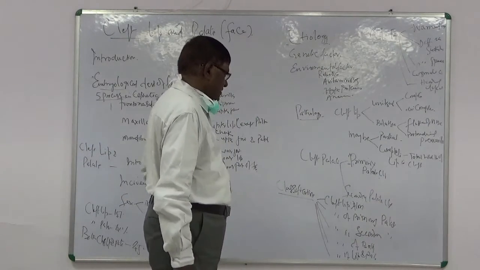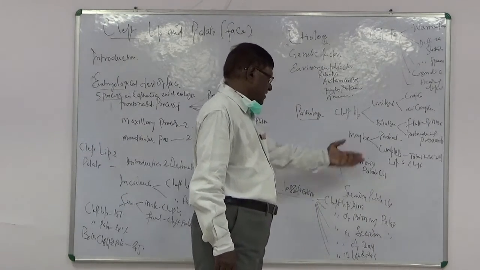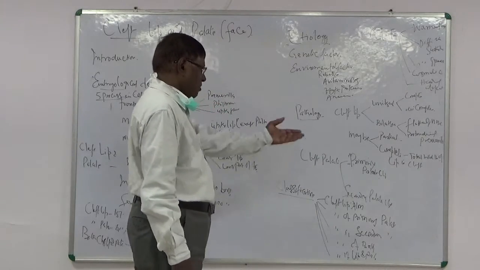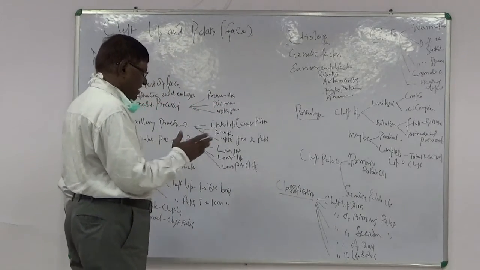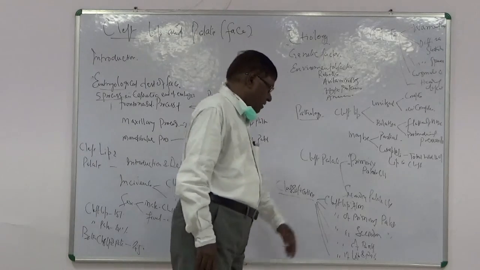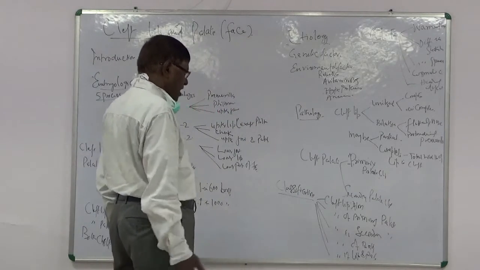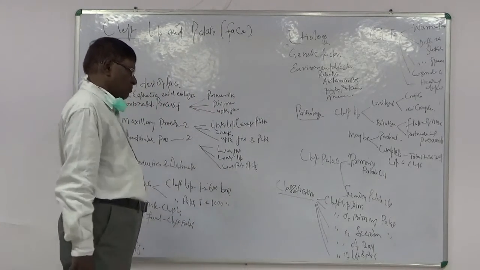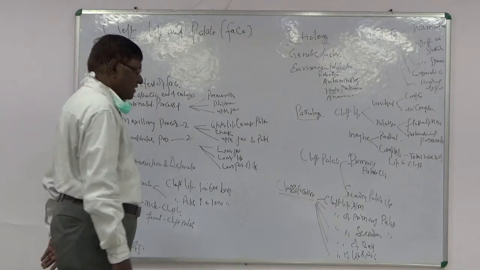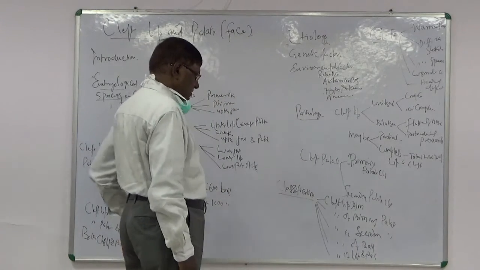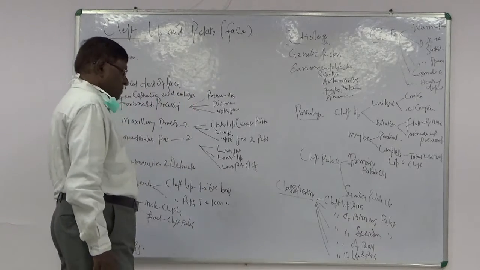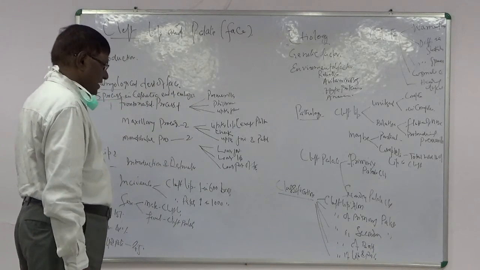I have already mentioned the two parts of the palate: the anterior part, in front of the incisive foramen, is called the primary palate. When the primary palate is cleft, it's called cleft of the primary palate. The part of the palate posterior to the incisive foramen is called the secondary palate, and this can also be cleft, so it is called cleft of the secondary palate.